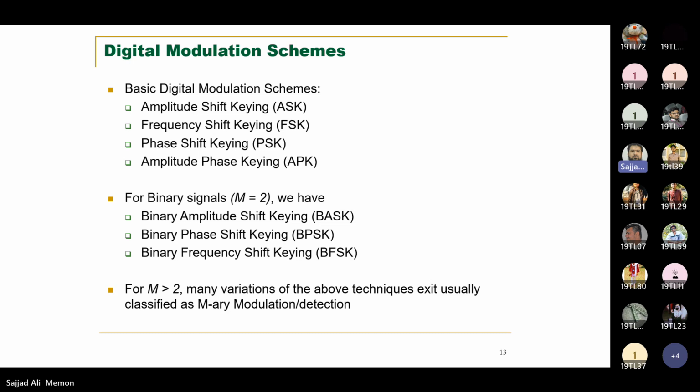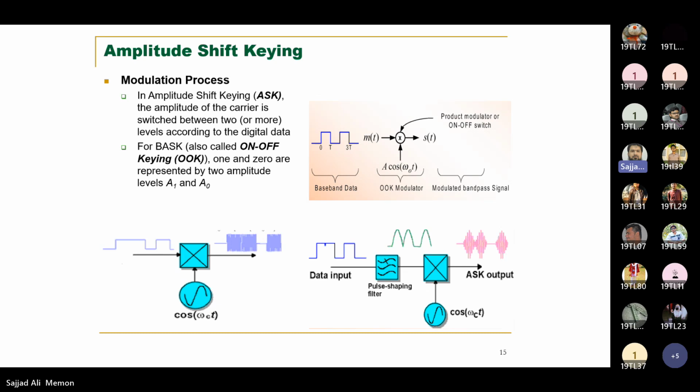Exist. This is exist, not exit. Usually classified as M-ary modulation and detection. So for binary, when M is equal to 2, we just say binary PSK. But if it is greater than 2, then those modulation schemes are said to be in a group of M-ary modulation or detection schemes.